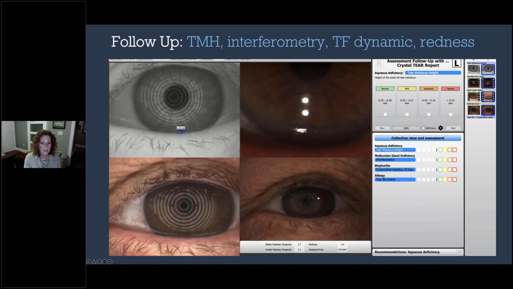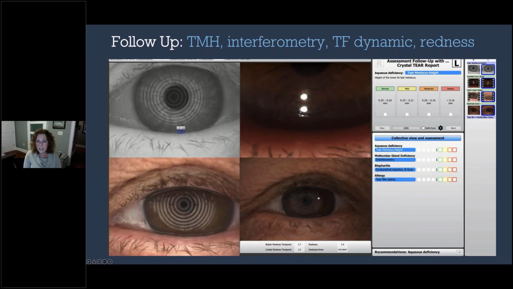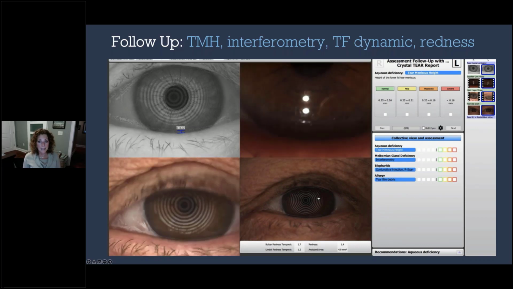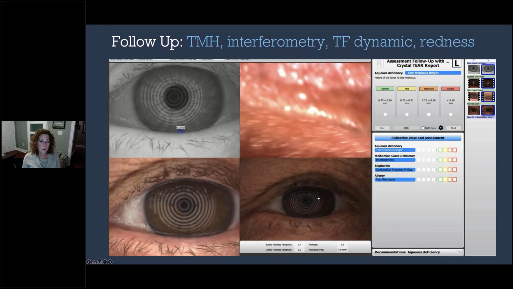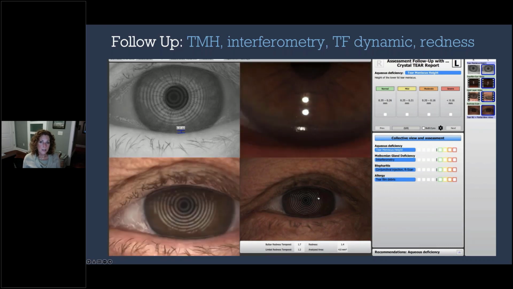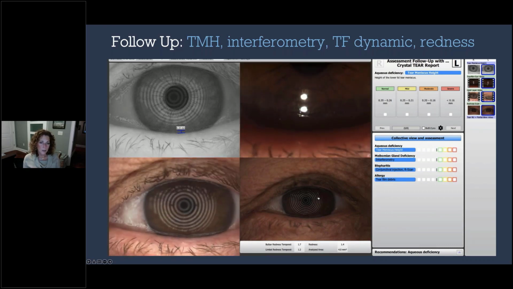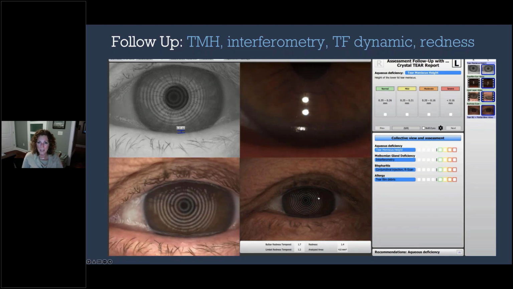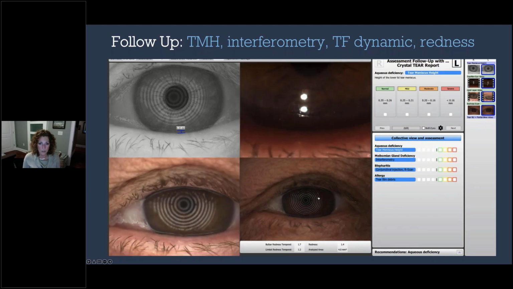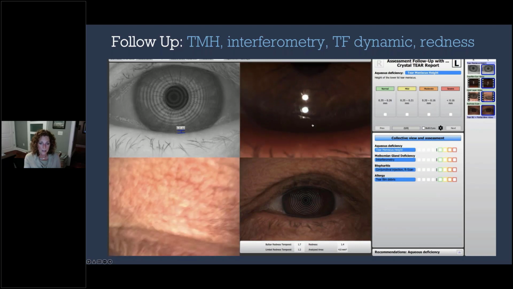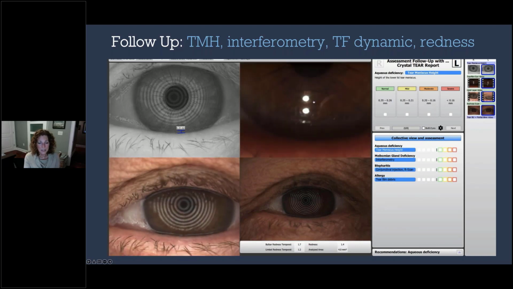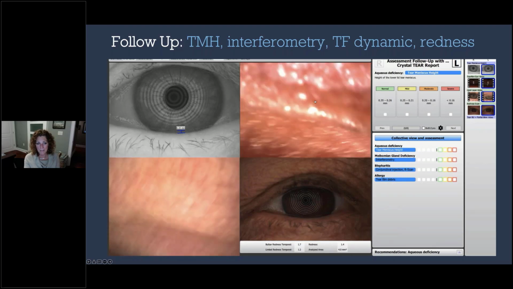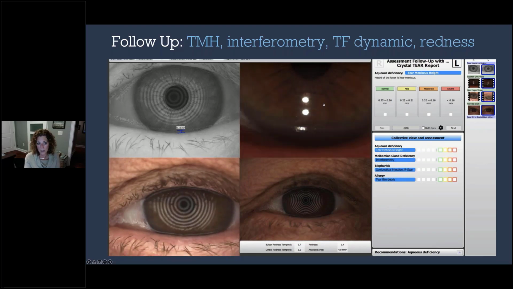Now, just a really quick side note on billing. In order to bill photos, it is supposed to influence your medical decision making. Well, if you think about just billing from an anterior segment camera and you're just showing what you see, kind of like this one, is it really influencing your medical decision making? That might be hard to argue.